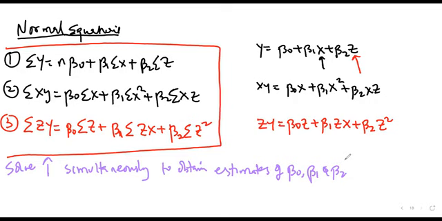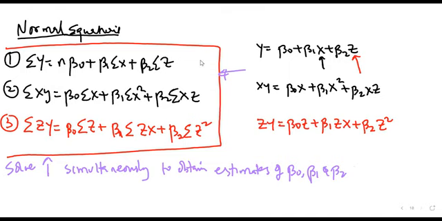I believe at this point, you know that these normal equations are coming from some process of differentiation. So you take some partial derivatives and equate to 0. It's like you differentiate with respect to beta naught, equal to 0. Differentiate with respect to beta 1, equal to 0. Differentiate with respect to beta 2, equal to 0. So you end up with these three normal equations, which solved will give us the values of beta naught, beta 1, and beta 2.